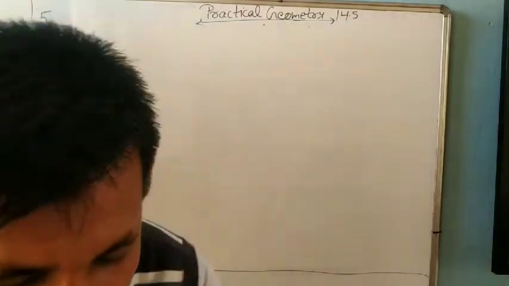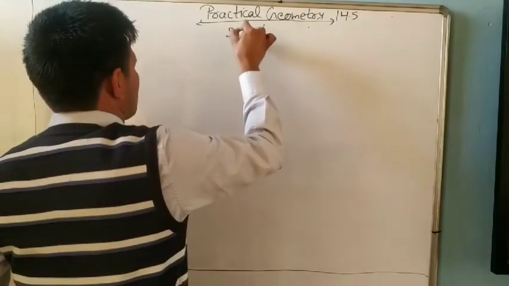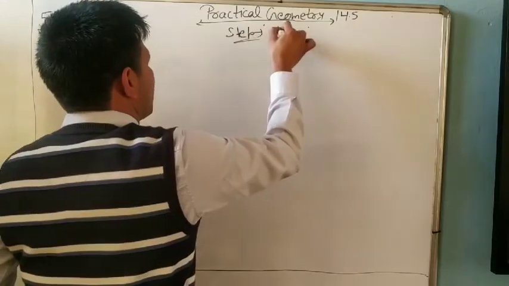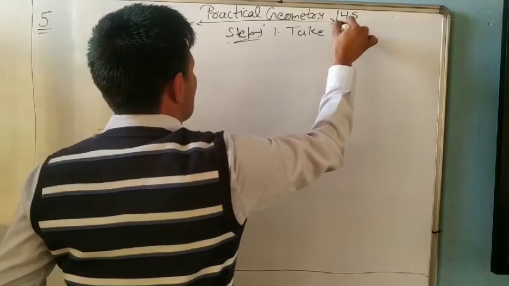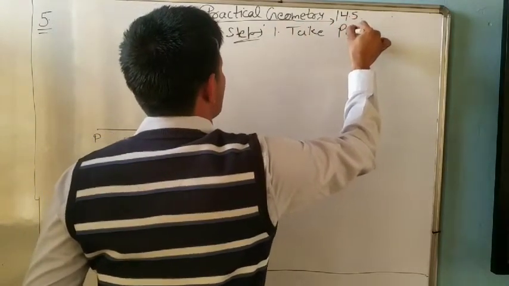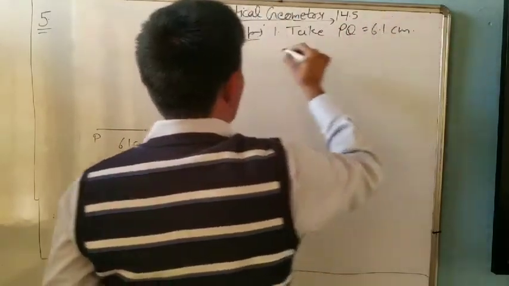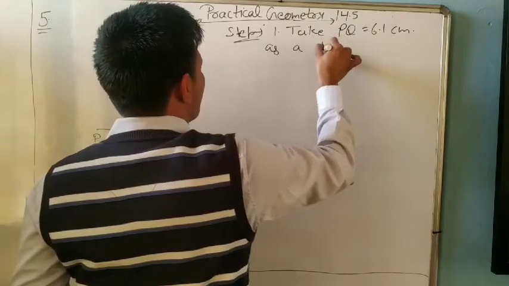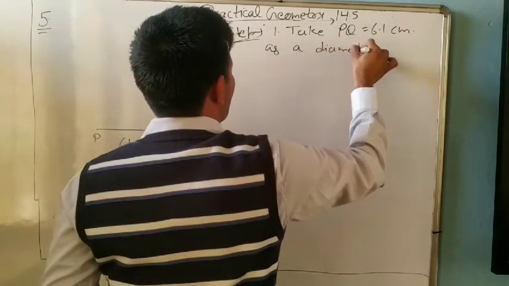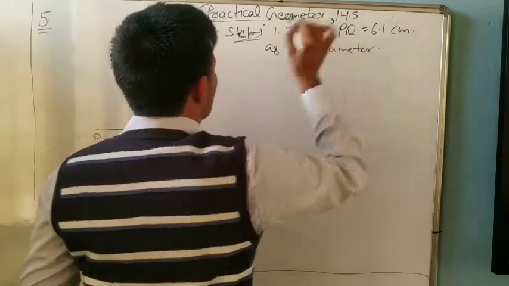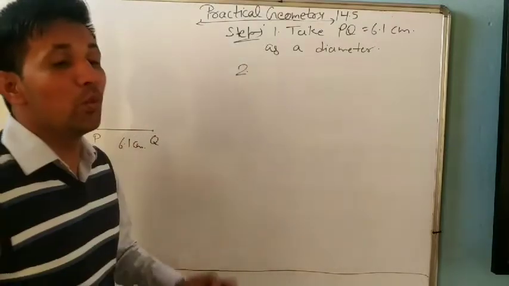First step, what will we do? Take PQ equal to 6.1 centimeter as a diameter. Second step, what will we do?